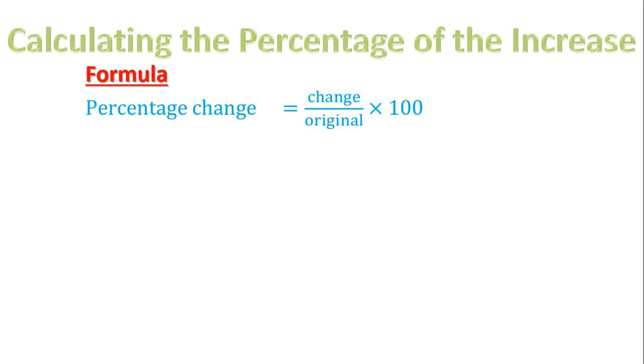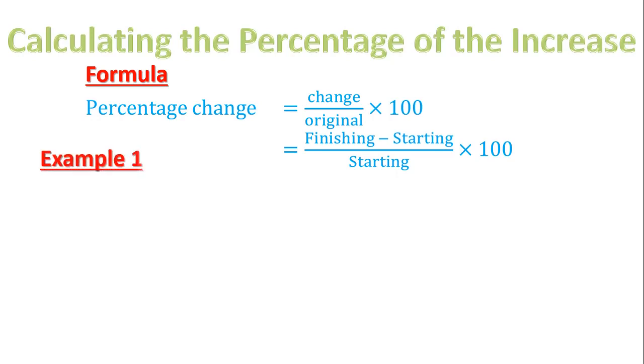Now that looks a little bit complicated. Let's write it in another way. The finishing amount minus the starting amount over the starting amount times 100, and that's going to give us the percentage change. But let's look at a few examples and then this formula will make a lot more sense.